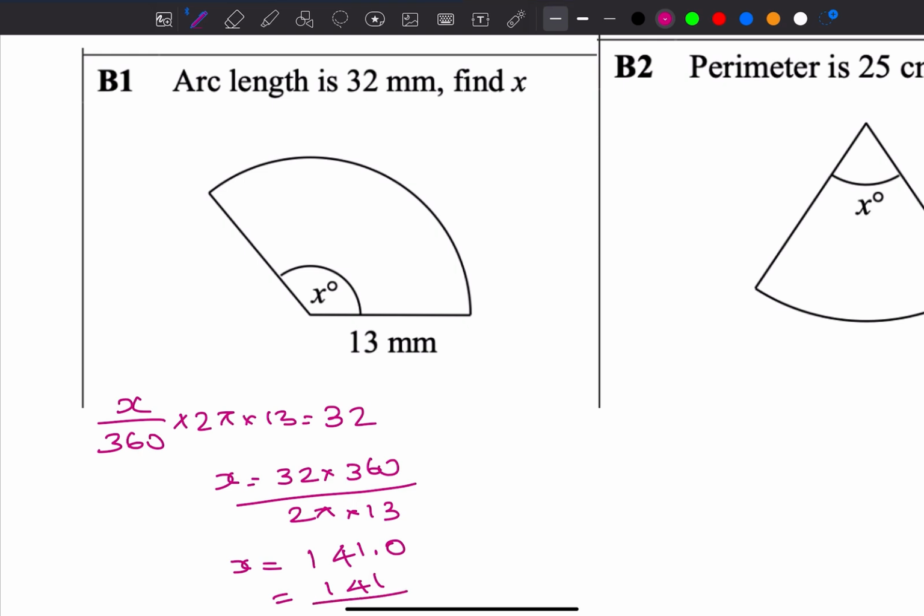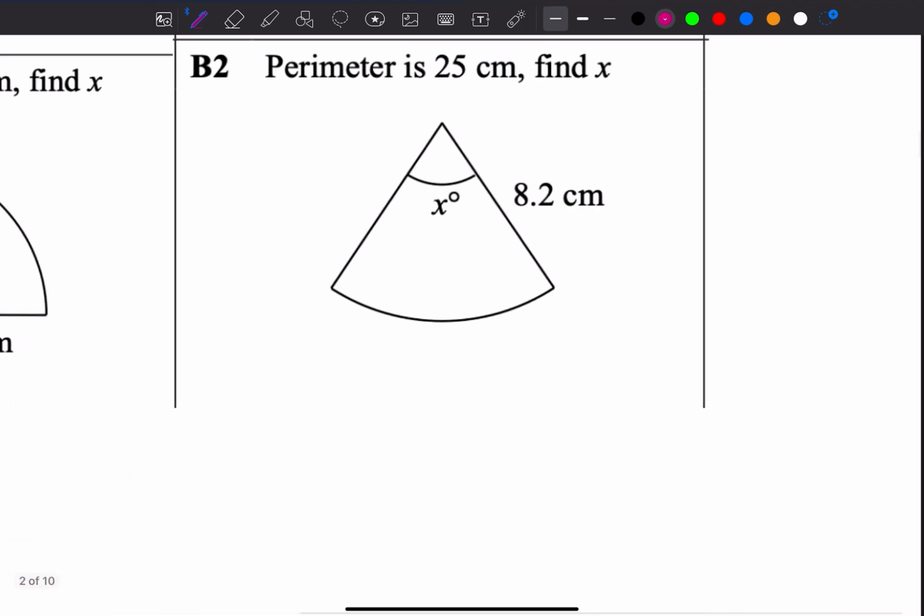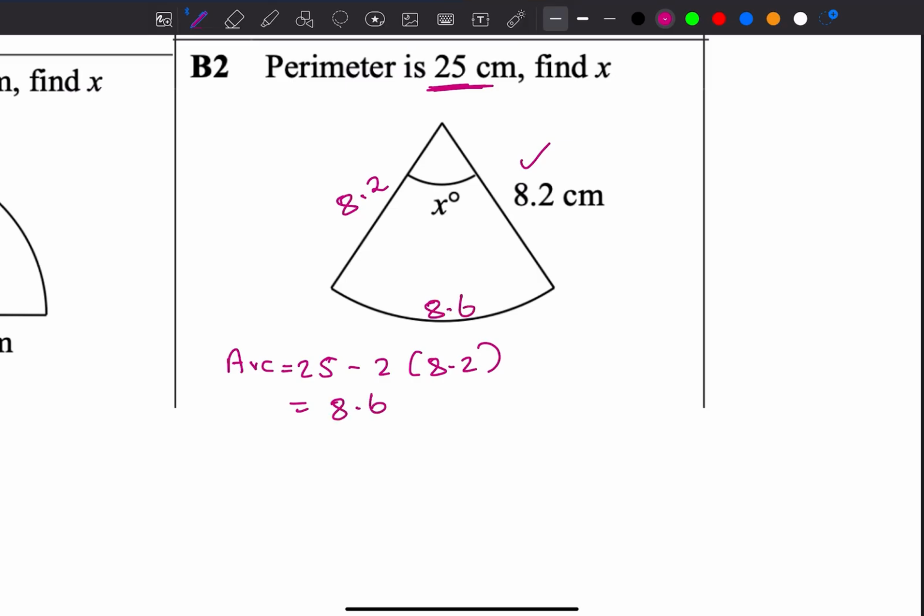This one gives you perimeter, and you can't do the formula with the perimeter. If that is 8.2, that's your radius, and this is also 8.2. So your arc length is 25 take away 2 times your 8.2, because you've got two of them, which is 8.6. So the arc length is 8.6.